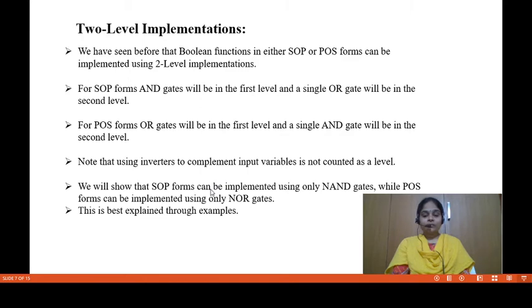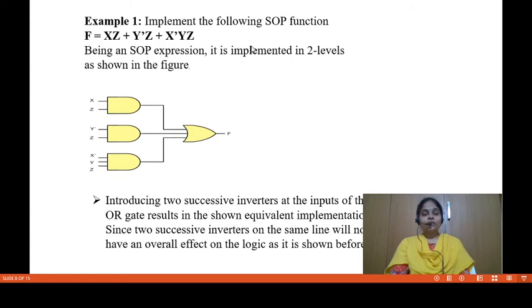And we will show that SOP forms can be implemented using only NAND gates, while POS forms can be implemented using only NOR gates. The first one is the SOP function. These are the product terms. This is the Boolean function xz plus y complement z plus x complement yz, and this should be implemented by using two-level gates.